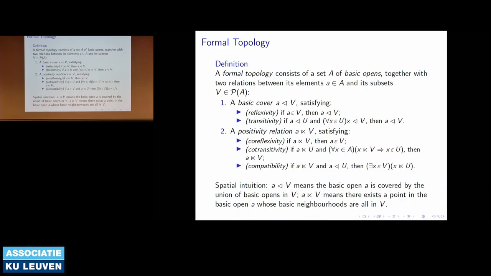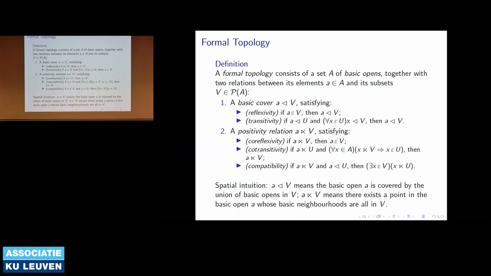I don't want to spend too much time on the axioms here, just notice two things. First, the axioms of the basic cover have a kind of an inductive flavor, while the axioms of a positivity relation have, as their names suggest, a co-inductive flavor, and we will see we can exploit this fact.